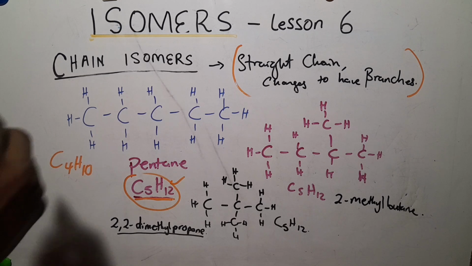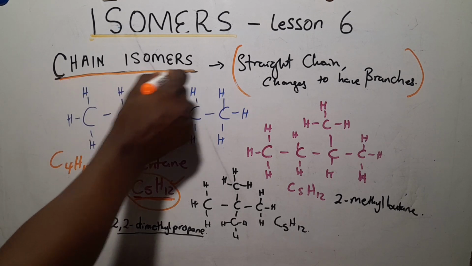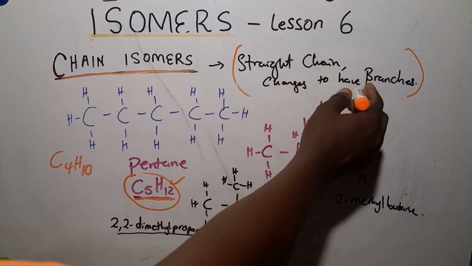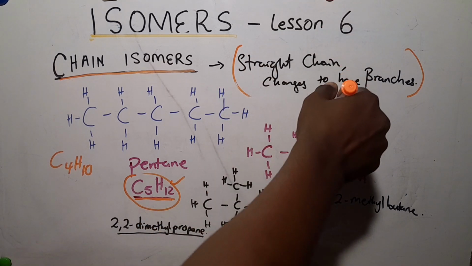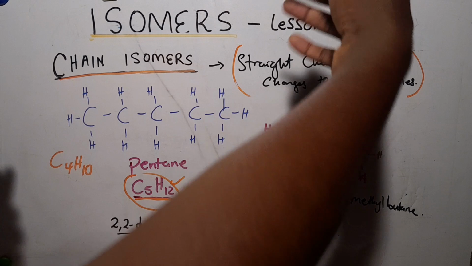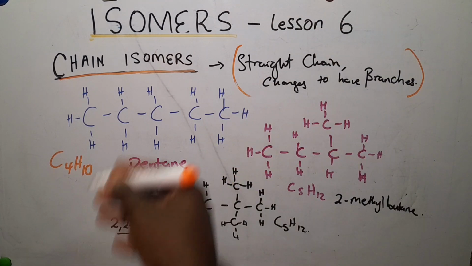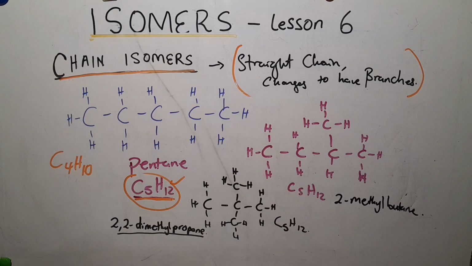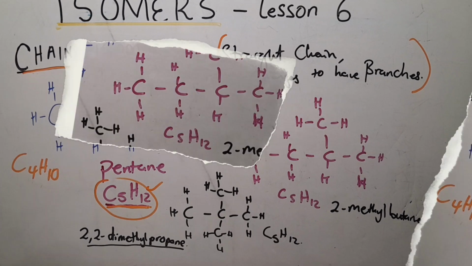But always just remember that chain isomers happen when a straight chain changes to have branches, or when a branched chain changes to have more of the branches as well. So this is more about changing from the chain to branches, like that. So these are chain isomers. Let's move to position isomers.